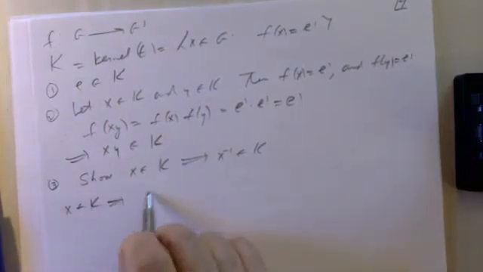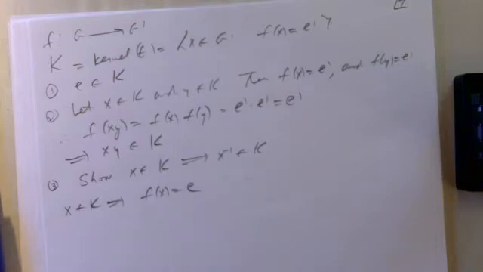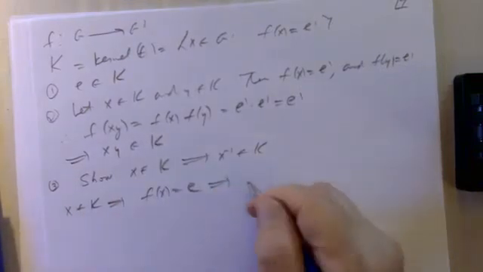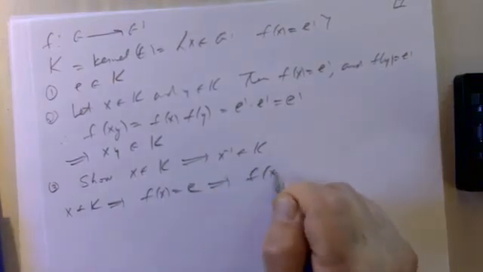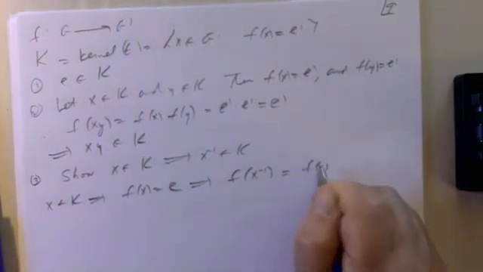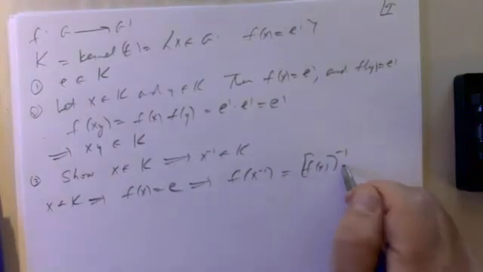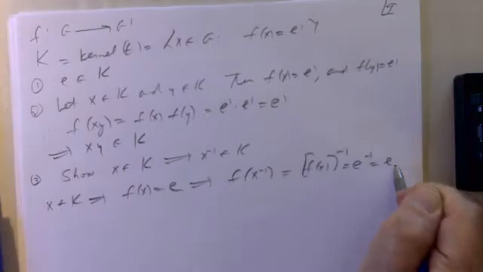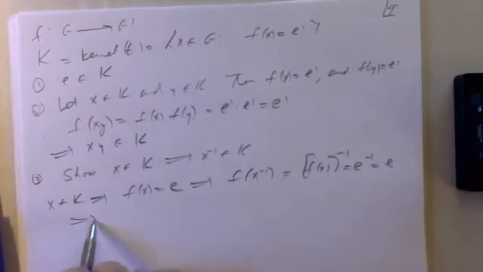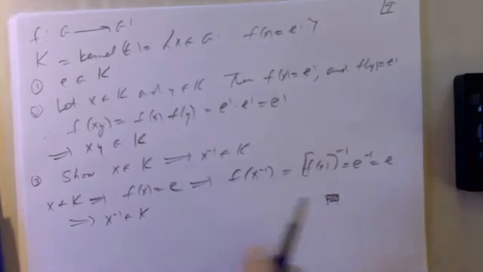If x is in K, f of x equals the identity, which means f of x inverse, which I proved was the inverse of f of x, but f of x is E. That's the inverse of E, and the inverse of the identity is the identity. So x inverse is in K. So that's the proof.